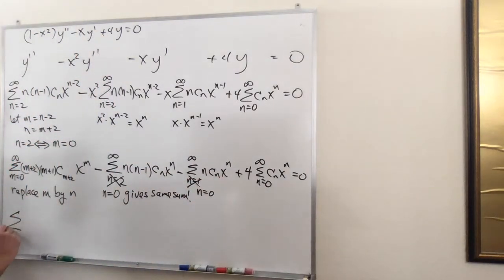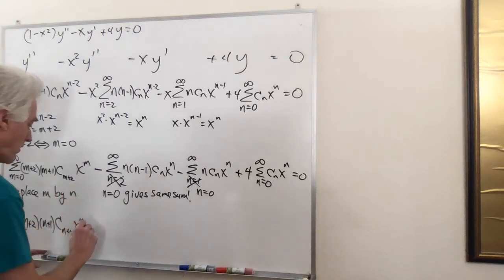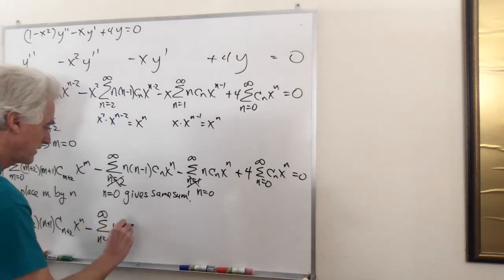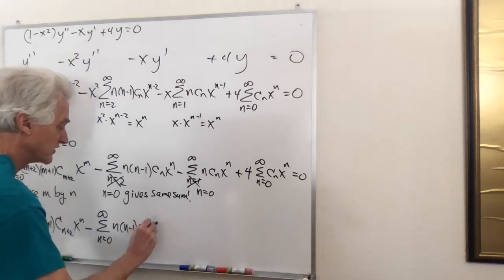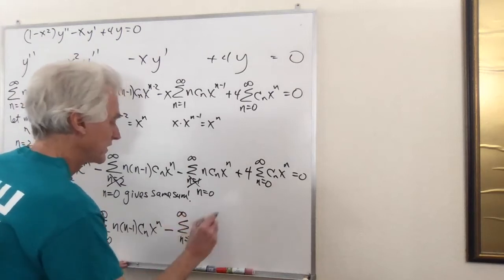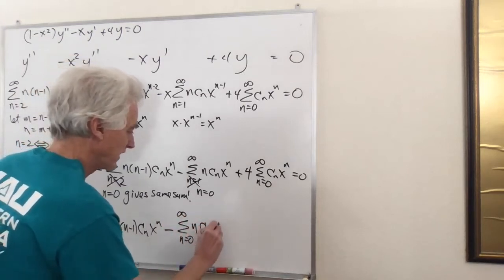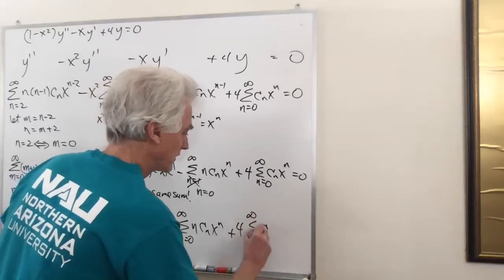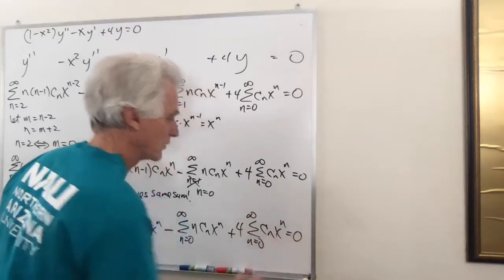I get the sum from n equals 0, because now it's n instead of m, the dummy variable, of n plus 2 times n plus 1 times c sub n plus 2 x to the n, minus the sum from n equals 0 to infinity of n times n minus 1 times c sub n times x to the n, minus the sum from n equals 0 to infinity of n times c sub n times x to the n, plus 4 times the sum from n equals 0 to infinity of c sub n x to the n, equals 0.